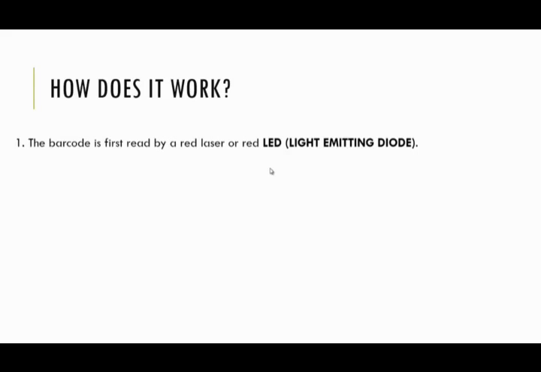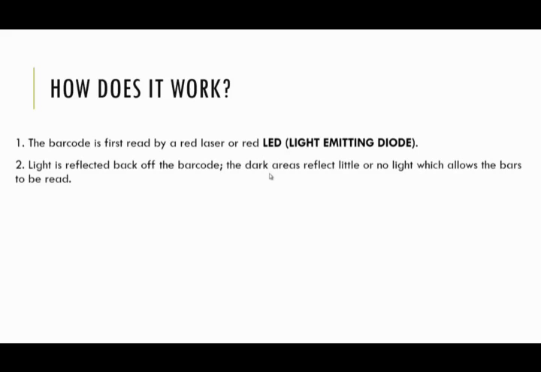You must have noticed when the cashier, the person at the checkout counter, scans your products, a red light flashes from the barcode reader device. That is the LED. Light is reflected back from the barcode. The dark areas reflect little or no light, which allows the barcode to be read.